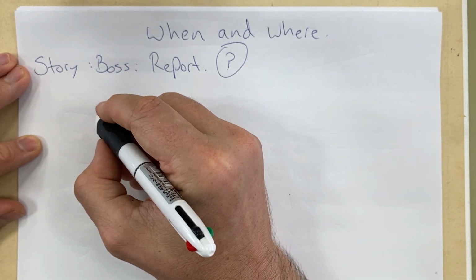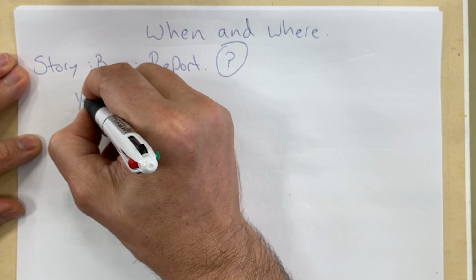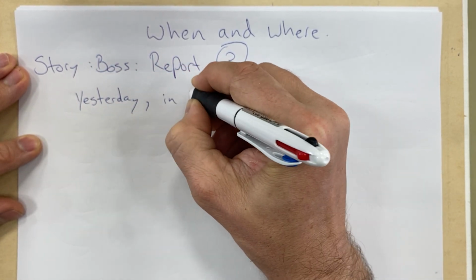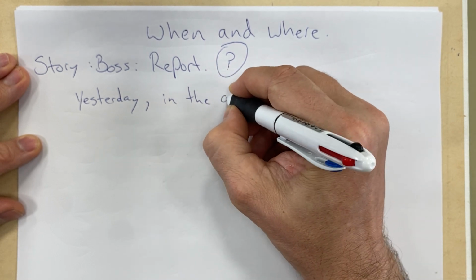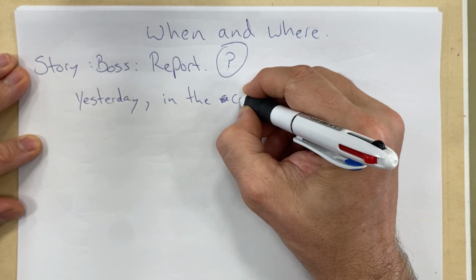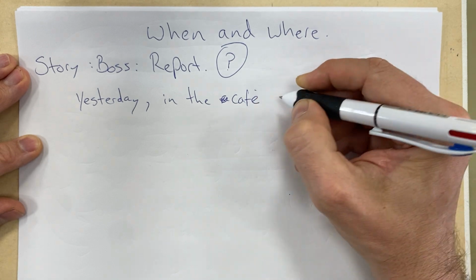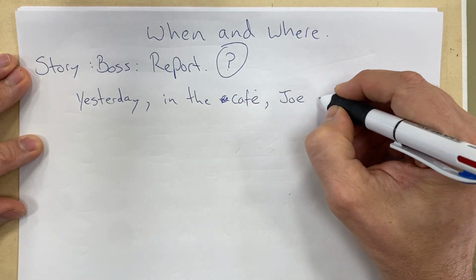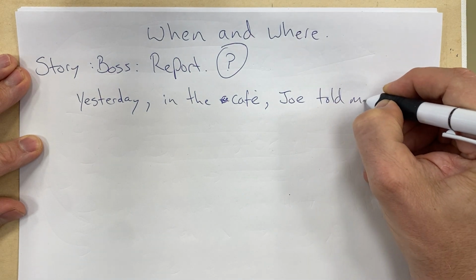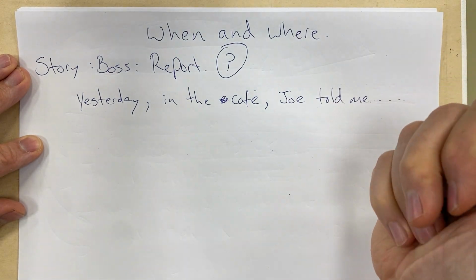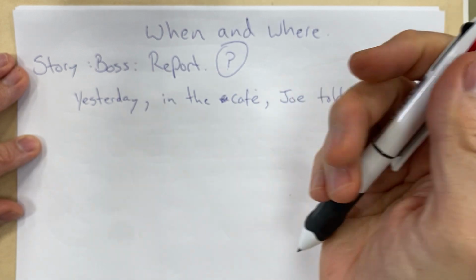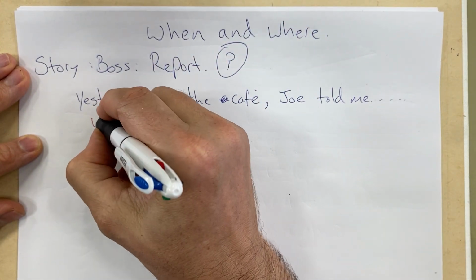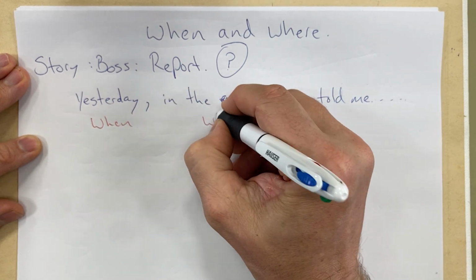And you're going to say, yesterday, in the cafe, Joe told me something, right? So this is what we call a framework. This is when, and this is where.